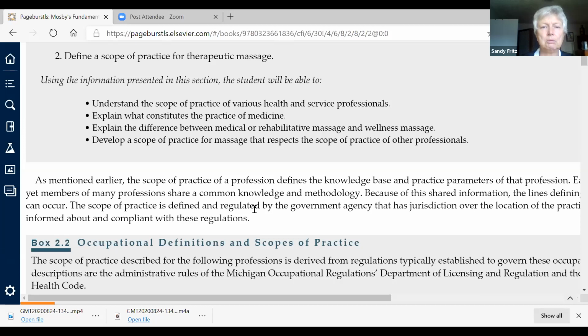We work mostly with people who are not critically ill or acutely ill. And if we do, in a medical setting, we work within a team structure and with supervision by nurses, doctors, chiropractors, etc.